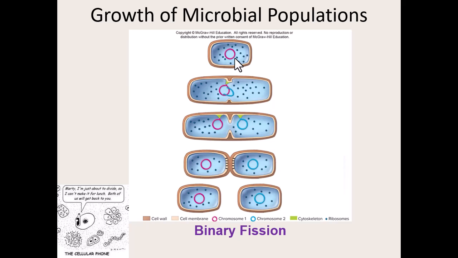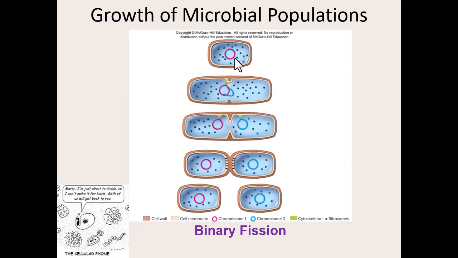And growth of a microbial population, all of our bacteria grow by a process known as binary fission. We made them happy, and as they're super happy, they will start to duplicate themselves, their genetic material, some of their organelles. So you can see them, they're duplicating that one single chromosome.